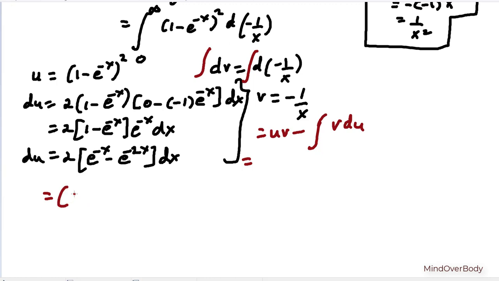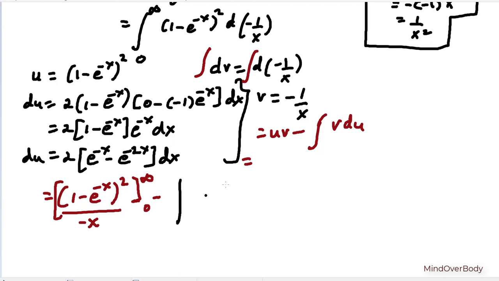It's going to be (1 − e^(−x))² and my v is −1/x, so I place the negative sign here. Of course the limits are 0 to infinity. This is followed by a negative integral of v du. My v is −1/x, so this will become positive, and I place the x here. My du is 2 times (e^(−x) − e^(−2x)) dx.